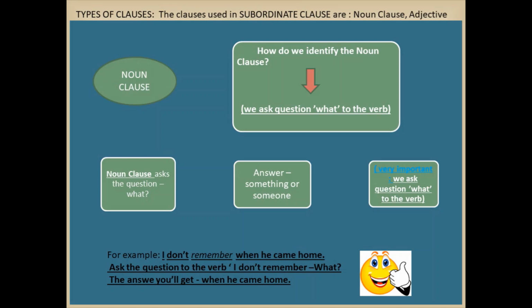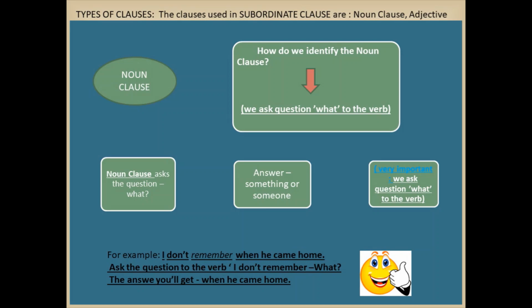Now, if it has to be a noun clause, what do we have to do? We have to ask the question what to the verb in the sentence. So what is the verb in the sentence? I don't remember. So we ask the question, what don't I remember? That when he came home.